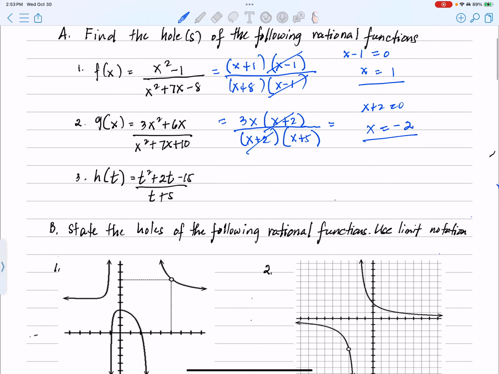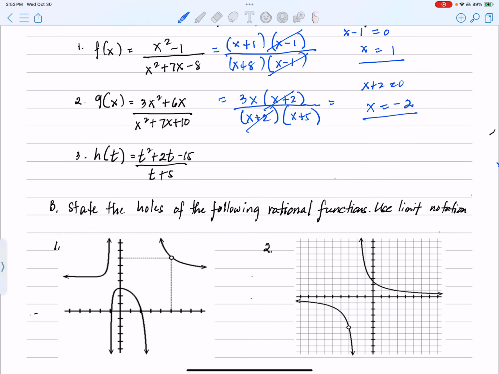For 3, h of t is t squared plus 2t minus 15. When we factor 15, we can have 3 and 5. The middle is positive, so 5 should be positive, and 3 is negative. Oh, that's not x, sorry.